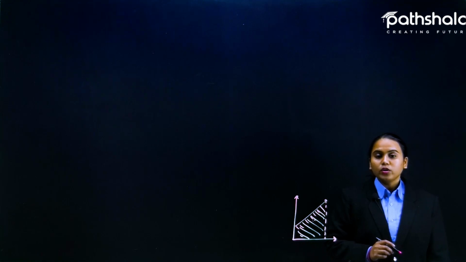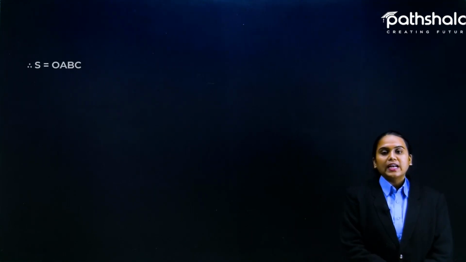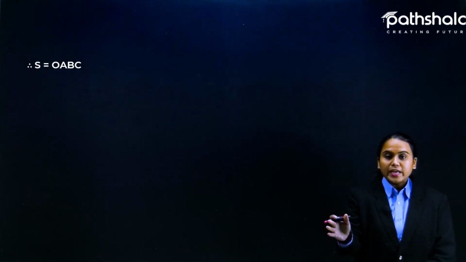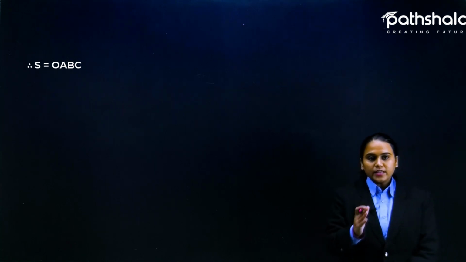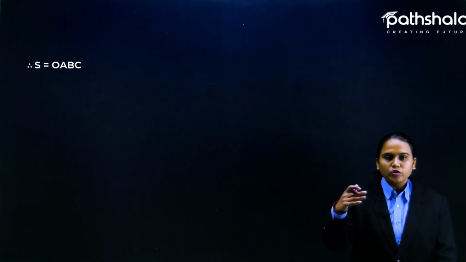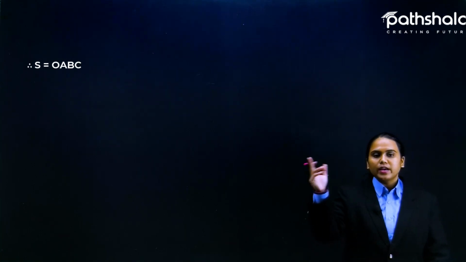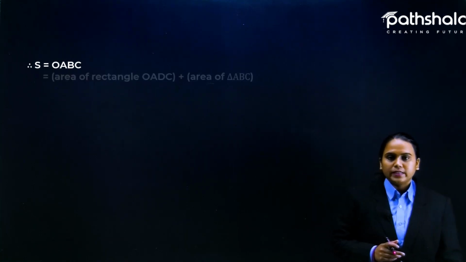So we can say that S is equal to the area OABC, because the area swept below the slope is OABC, as in the diagram we showed earlier. So the distance traveled here, S, is equal to OABC.